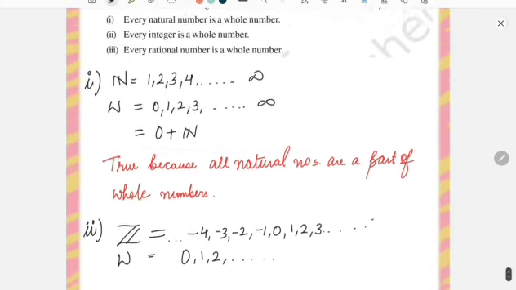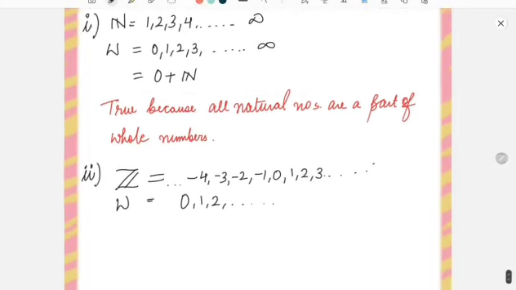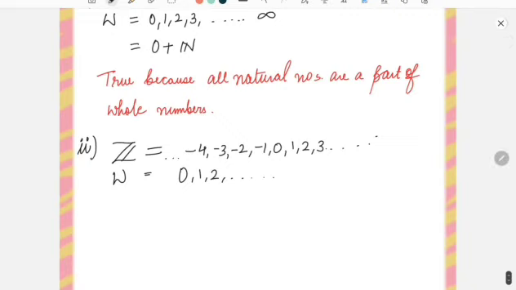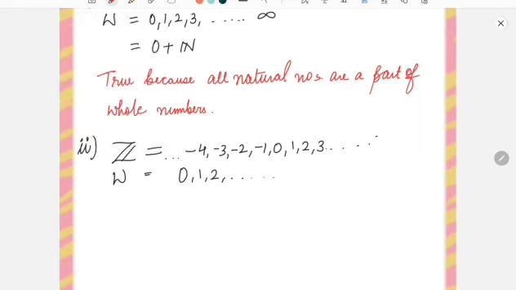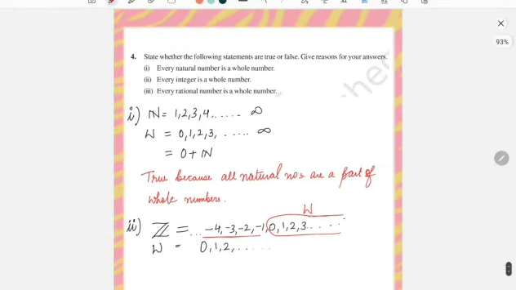Okay, tell me, क्या every integer is a whole number? क्या सारे integers whole numbers हैं? आप अगर देखोगे इधर whole numbers यहाँ कहाँ से शुरू हो रहे हैं? इधर से, right? इधर से शुरू हो रहे हैं whole numbers, but all these numbers are uncovered. ये हमारी कैटेगरी में ही नहीं आ रहे whole numbers की.